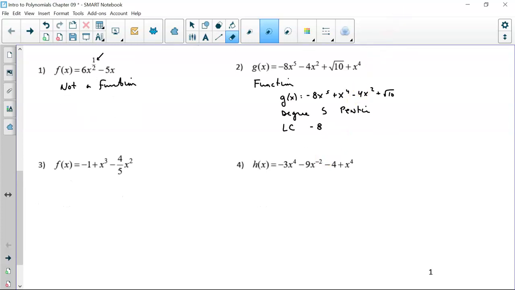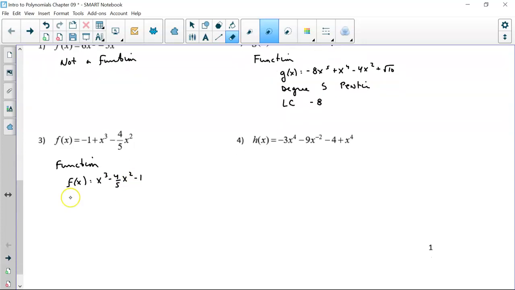For number 3, all of the exponents are positive whole numbers, so it is a function. So in standard form, f of x equals x cubed minus 4/5 x squared minus 1. That goes from largest exponent to the smallest.